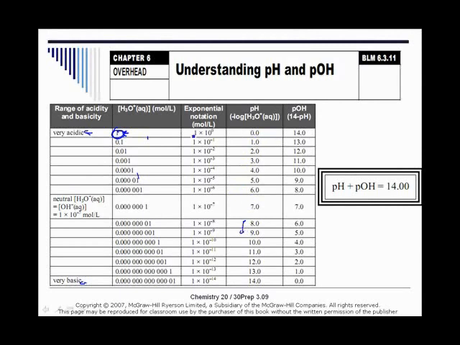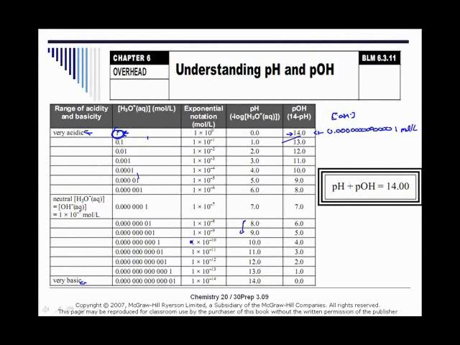When we look at the pOH for the same solution, a solution that is very acidic is going to have a very high pOH. So something that has a pH of 0 is going to have a pOH of 14. This would mean, and it's not written on the table, that the concentration of OH in this solution is going to be 1 times 10 to the negative 14 moles per liter.